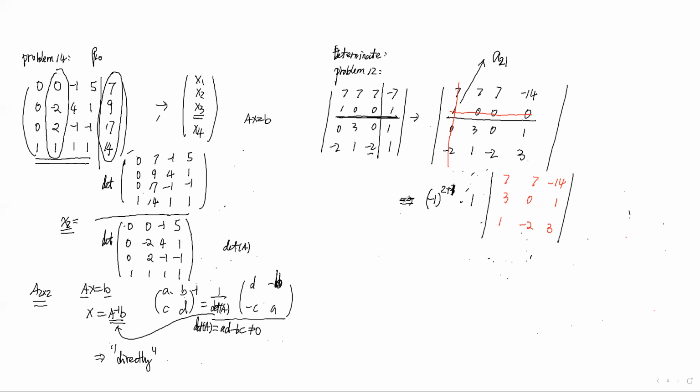This is equal, because when you add one column to another column or add one row to another row, you don't change the determinant. So it's the same. How do we proceed? There is a 0. We like zeros.